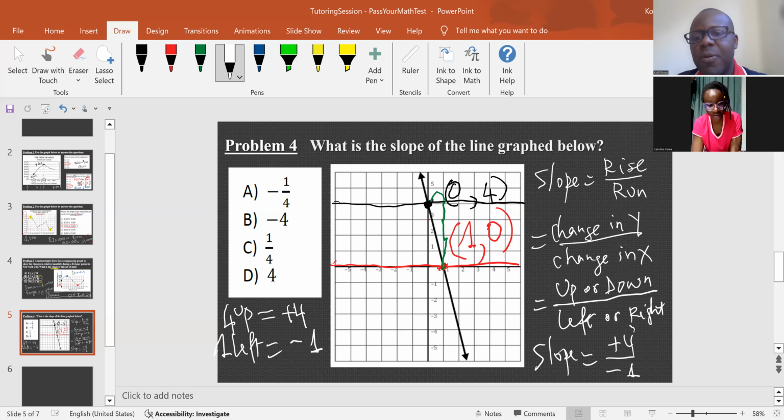So what is +4 divided by -1? It's a +4 on top and the -1 on bottom. So +4 divided by -1.